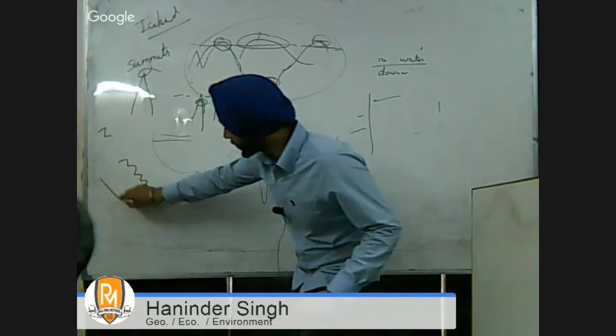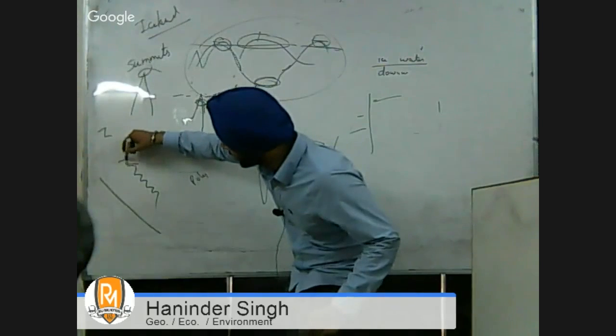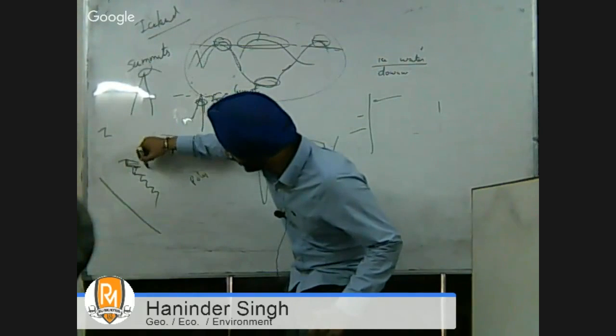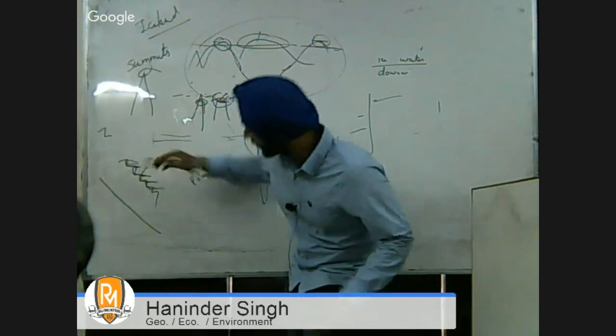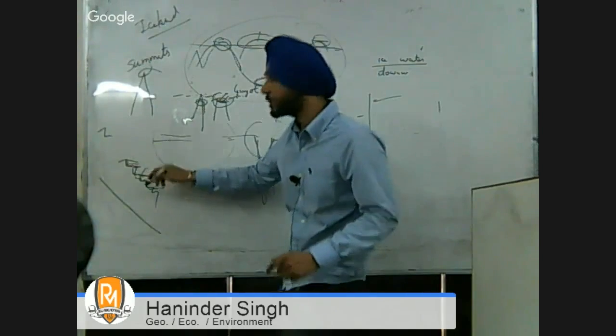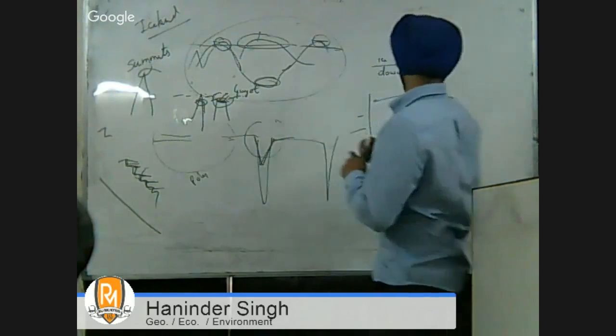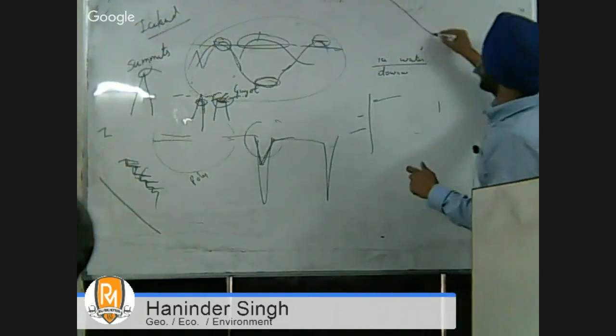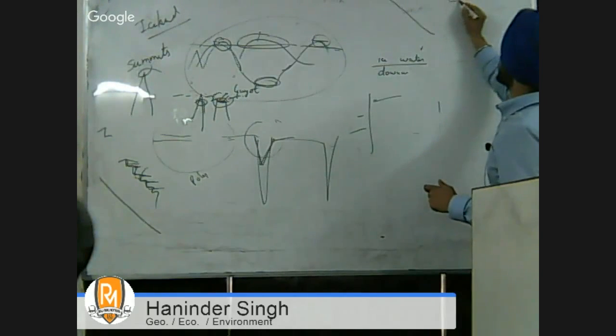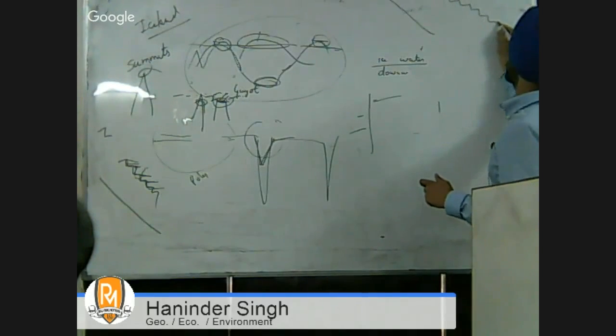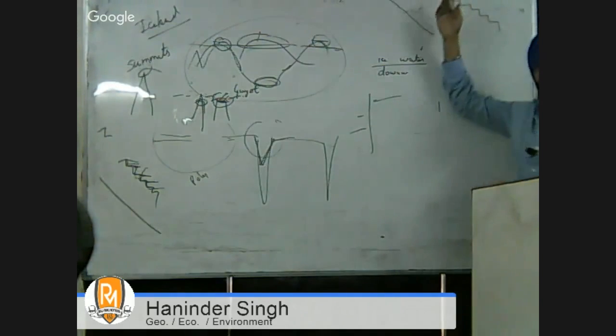Say this is a slope, and when it is eroded staircase-wise or stepwise, it is called a canyon.